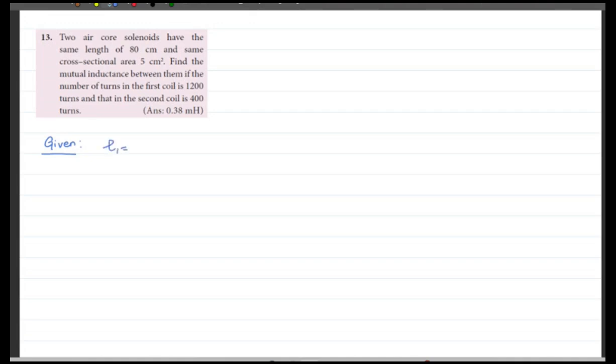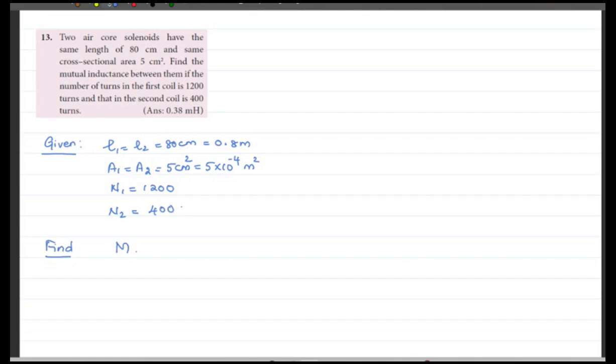So, L1 is equal to L2 is equal to 80 centimeter, which is 0.8 meter. Cross-sectional area A1 is equal to A2 is equal to 5 centimeter square, which is 5 into 10 power minus 4 meter square. And number of turns in the first coil is 1200 turns and number of turns in the second coil is 400 turns. Find mutual inductance between the two coils, capital M.